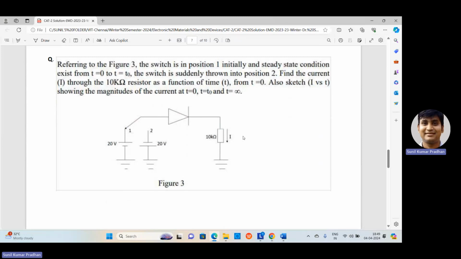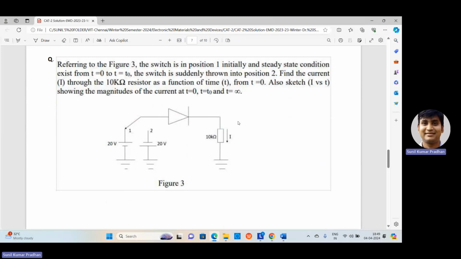Okay. Now if this is the case, then find the current through this 10k ohm resistor. What is the current through this 10k ohm resistor as a function of time from t is equal to 0?